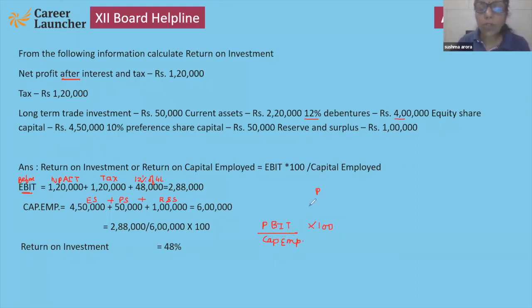See what I want to tell you. Be careful. Profit after interest and tax. This is the point which I want to tell you. If profit before is given, we just put that in here. No need to add tax or interest. But here, because it is given after, we have to add these.